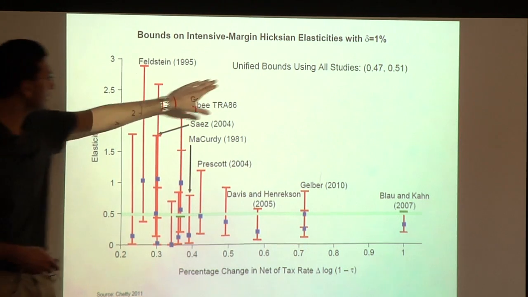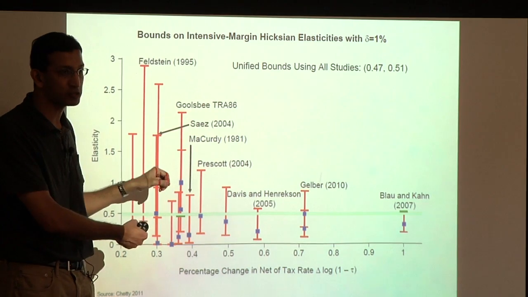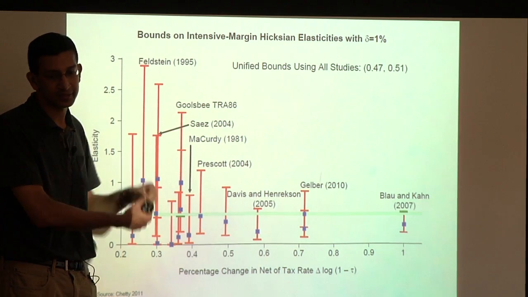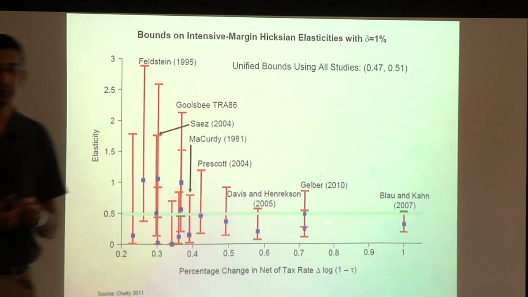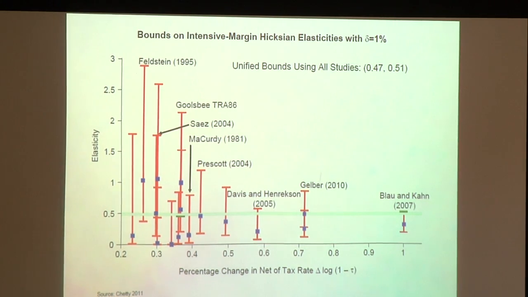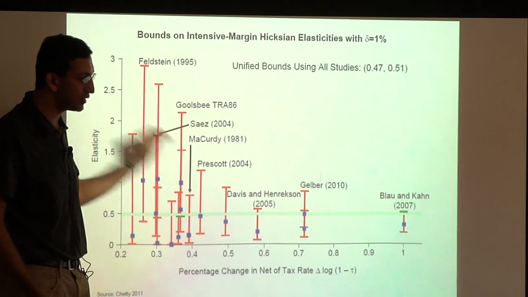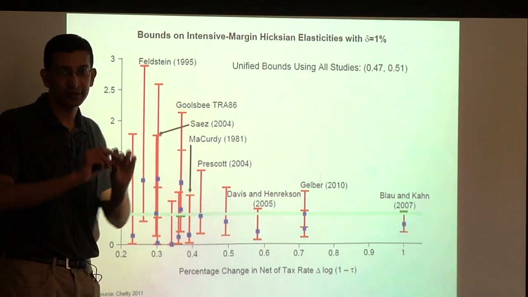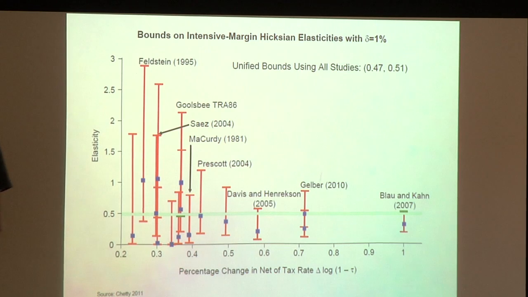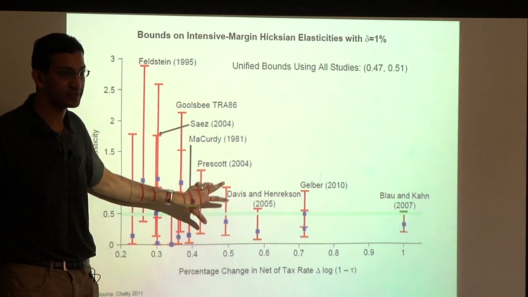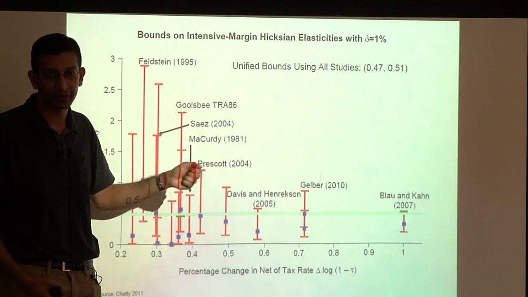So the way you can get more information from this type of approach is similar to like in IO. The way you get more information is by combining lots of moment inequalities. So here, each study is generating bounds, and if you take it literally, you can take the intersection of all those sets to get the space where the parameter actually lies. Now, there's some complicated econometric issues once you recognize that these are actually point estimates with confidence intervals.